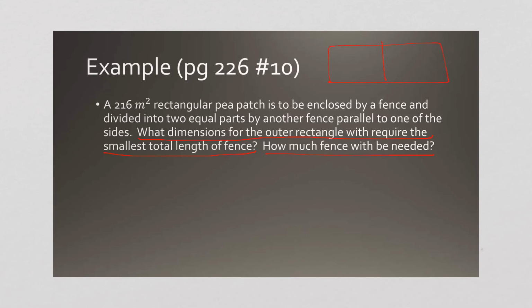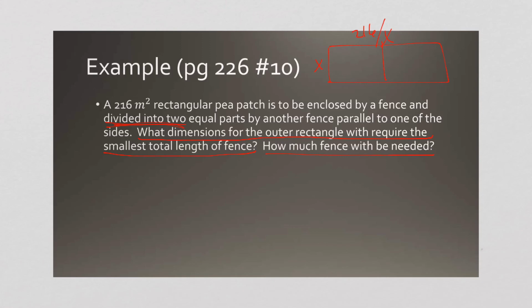Now it tells me the whole thing needs to be divided into 2 equal parts. So, if this is x, and the whole thing is 216, then this side is 216 divided by x.